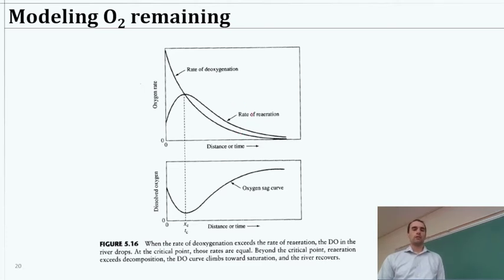Whereas the rate of reaeration is low at first, but increases as the oxygen deficit increases. And when you take 3110, if you take it with me, we'll talk about how to find this point and some implications there.